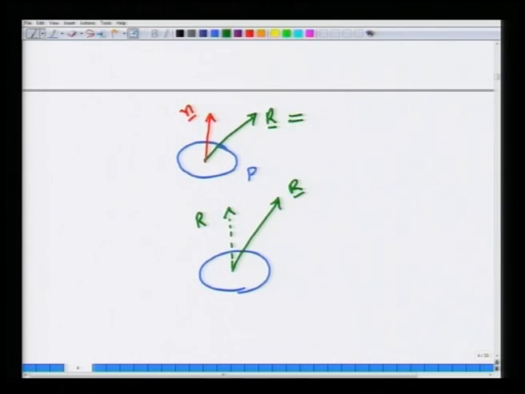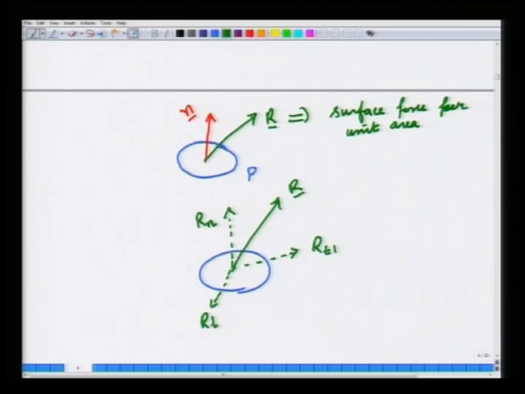So, R is the surface force per unit area. Okay. So, there is a normal component Rn, and along the surface there are two tangential components RT1 and RT2. Okay. So, this is the normal stress, these are the tangential stresses.